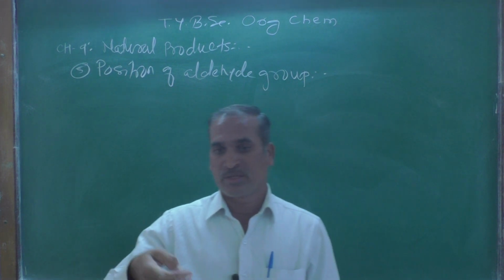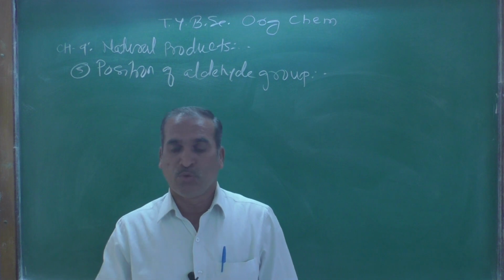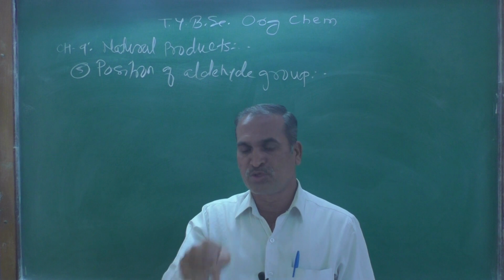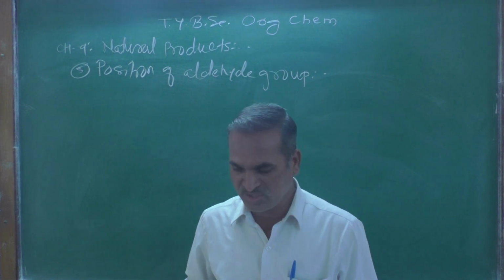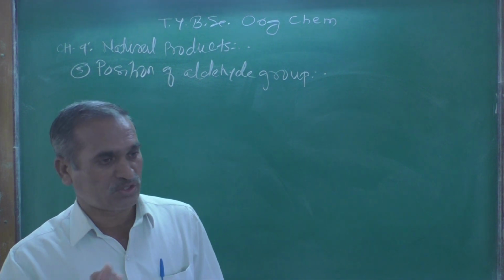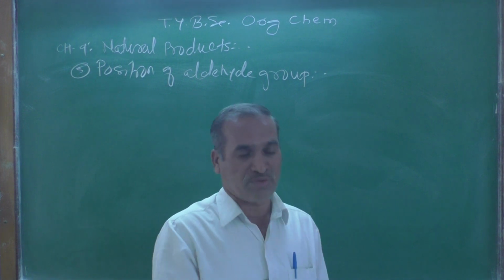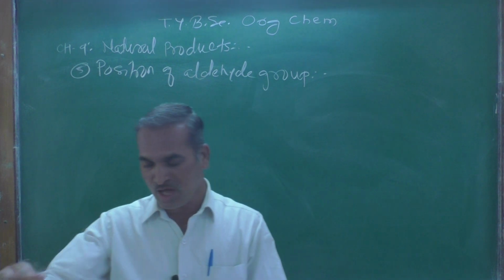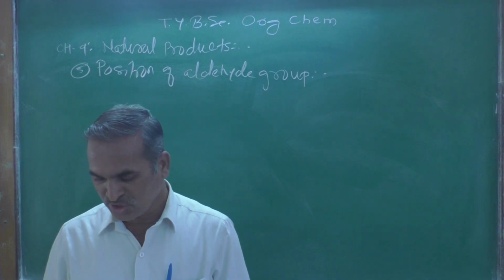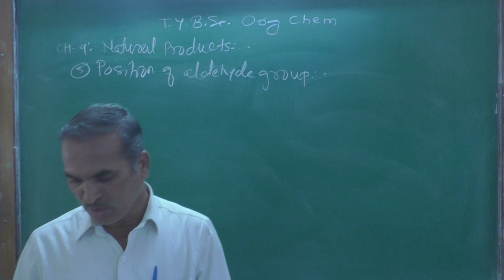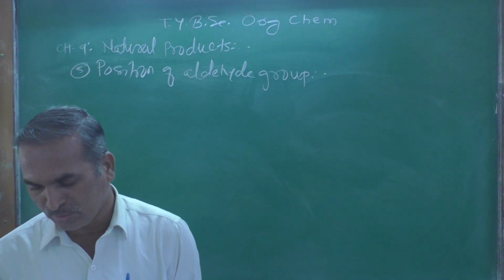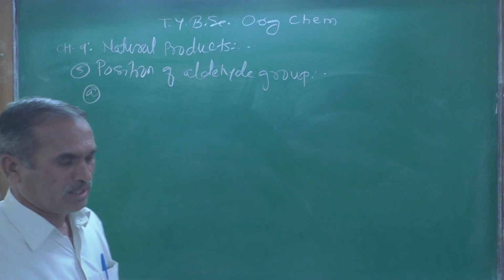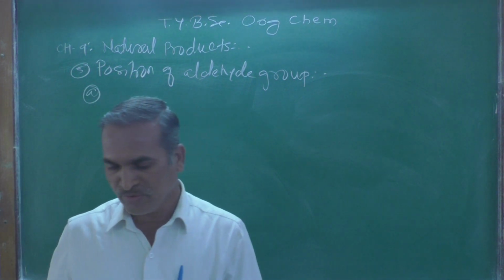Now we are trying to find out where it is present, what the position of the aldehyde group in citral is, because we are trying to find out the carbon framework or carbon skeleton of the citral molecule. So for that, position of the aldehyde group, the number one test we are trying to perform here.